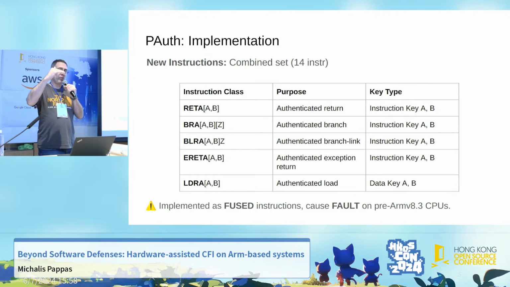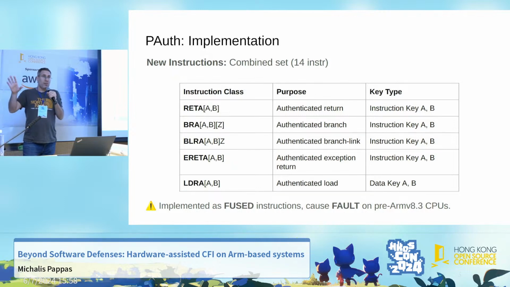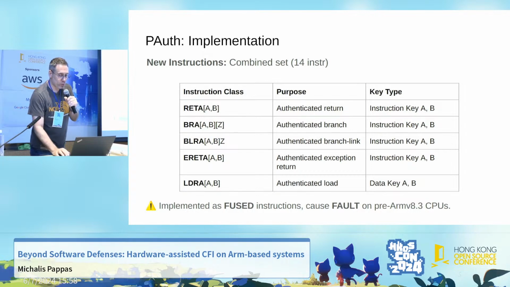If you need to jump from one part of the code to the other, you can do it in an authenticated way. Authenticated loads, and so on. These, unlike the basic set, are fused instructions, which means that they are either supported by the processor or you get an abort. So if you try to execute code with these instructions on an older chip, it will just not work, right? You get an abort there.